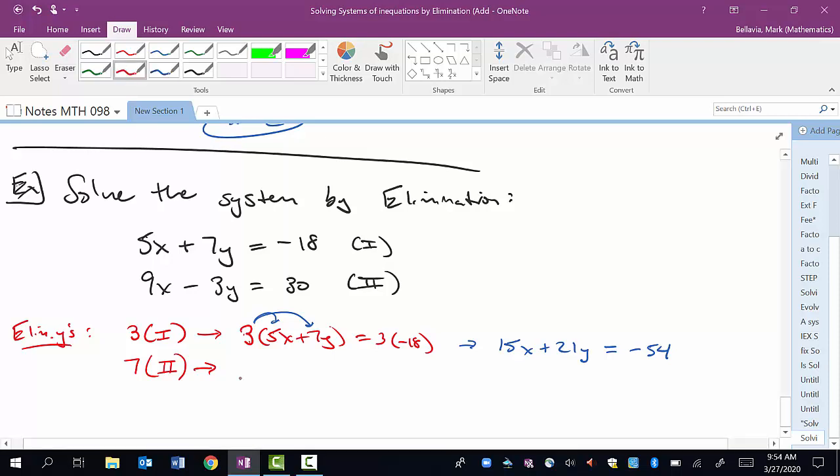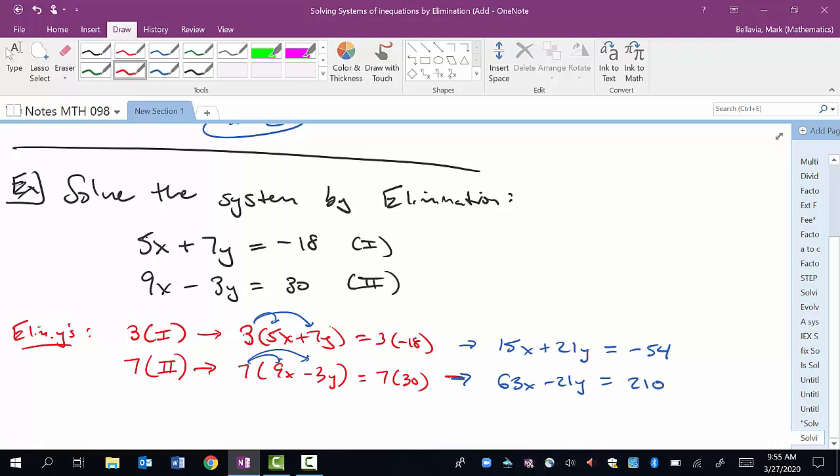And for the second equation, we're doing 7 times 9x minus 3y equals, make sure you do it on both sides, 7 times 30, that's what keeps it balanced. And you end up with, distributing through, 7 times 9x gives me 63x. 7 times negative 3y gives me negative 21y. It's equal to 7 times 30, which gives me 210.